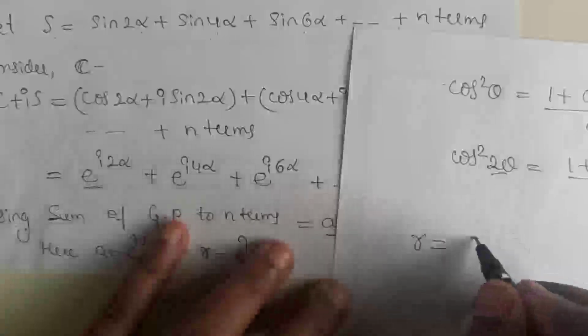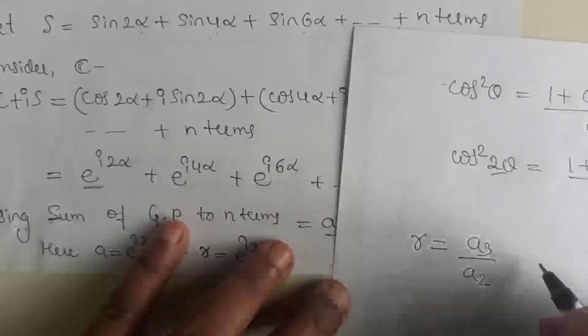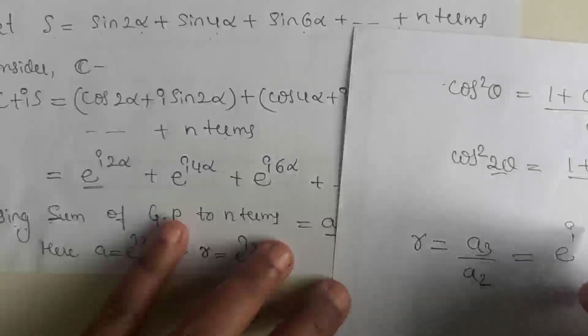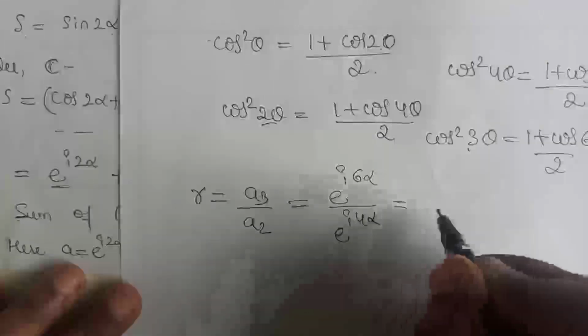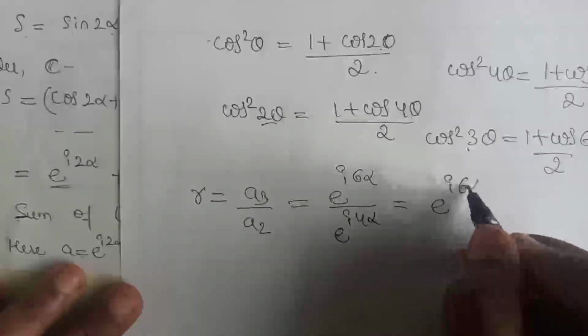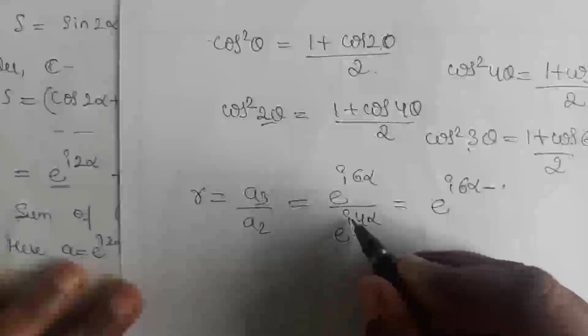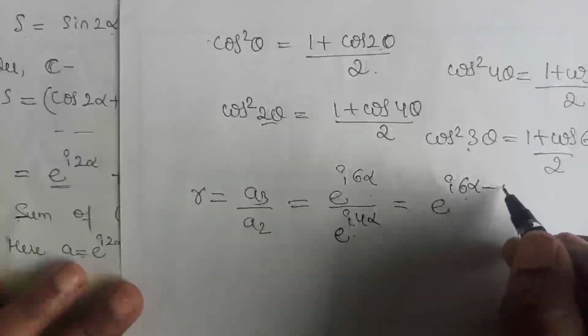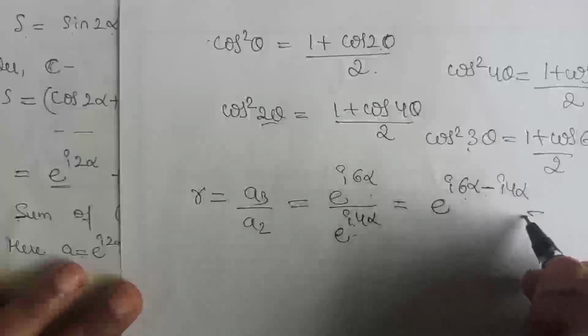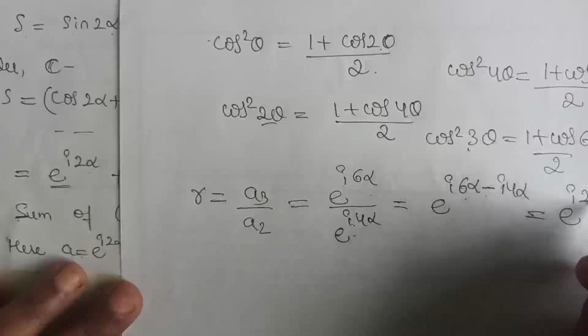For that, first we have to take the third term divided by the second term. The third term is e raised to i 6 alpha divided by e raised to i 4 alpha. On simplifying, taking it to the numerator the power becomes minus. On adding powers we get i 4 alpha, we get e raised to i 2 alpha.